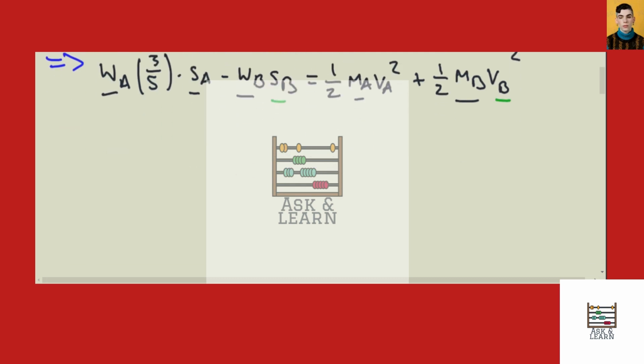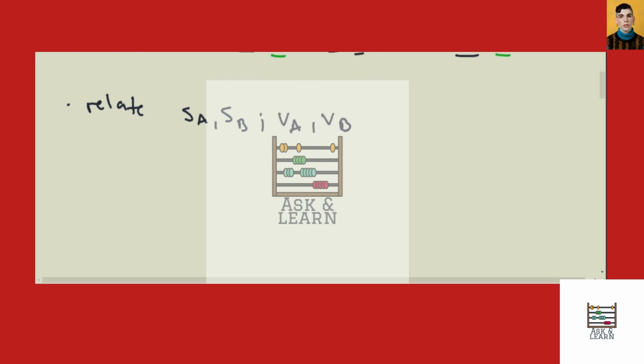So the way to do that is we can relate the distance SA with the distance SB, and we can relate the velocity of block A and the velocity of block B. So we can say the distance that block A travels plus the difference of distance A minus distance B will equal 0.